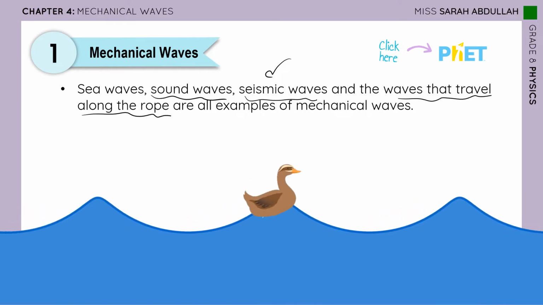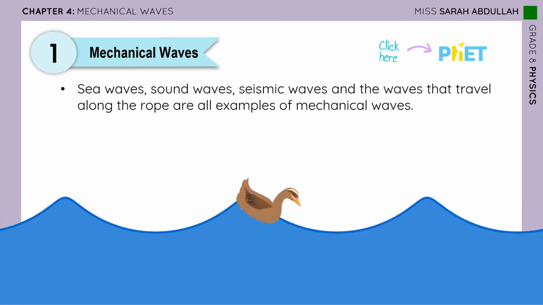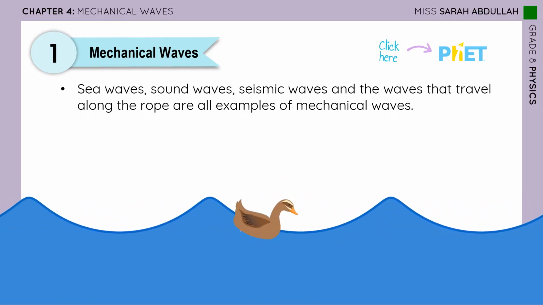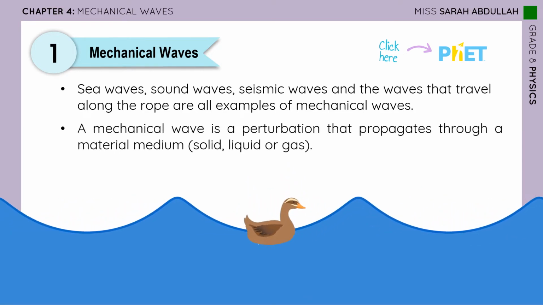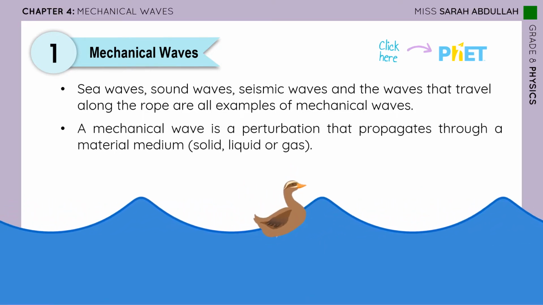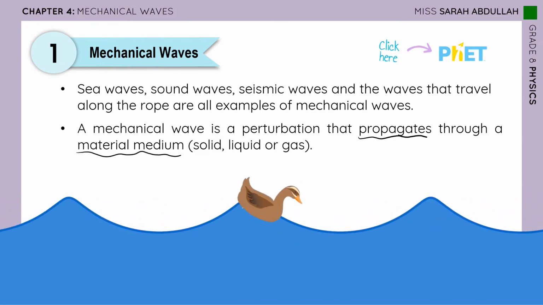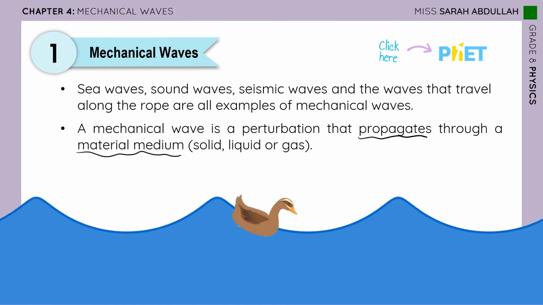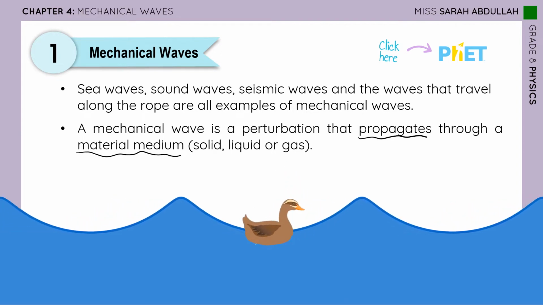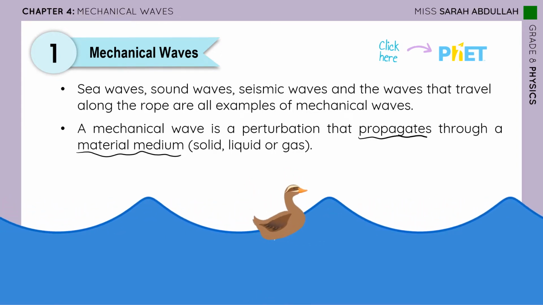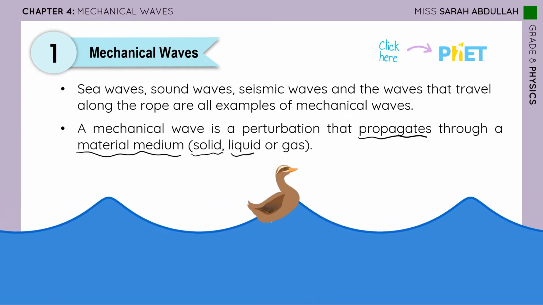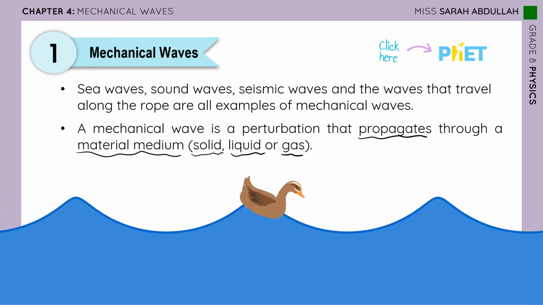They are all examples of mechanical waves. Now, why am I calling them mechanical waves? Because these waves propagate through a material medium. It means that they need a medium for the wave to travel in. The medium could be solid, liquid, or a gas.